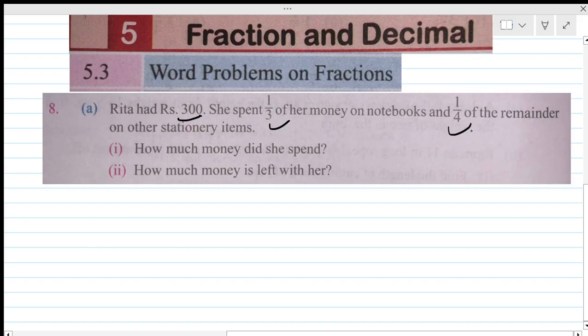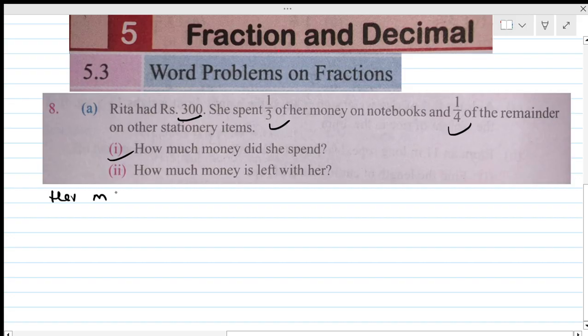Here the two questions ask how much money she spent, and how much money is left with her. So first we find how much she had at the beginning. Let's say she had this much amount at the beginning, so I say her money.